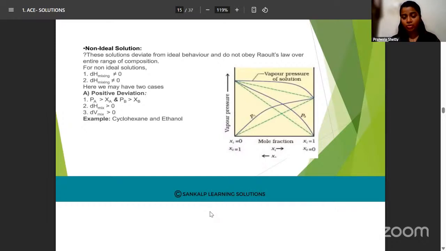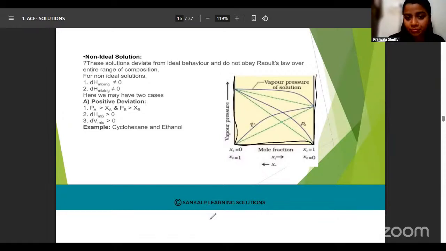In non-ideal solution, you should mention that it again has two types of deviation, which is positive and negative deviation. As I showed you previously, you saw this graph, right? Only these green dotted lines were present there. Do you remember? And you can see some purple lines above the lines, right? You have something like this.